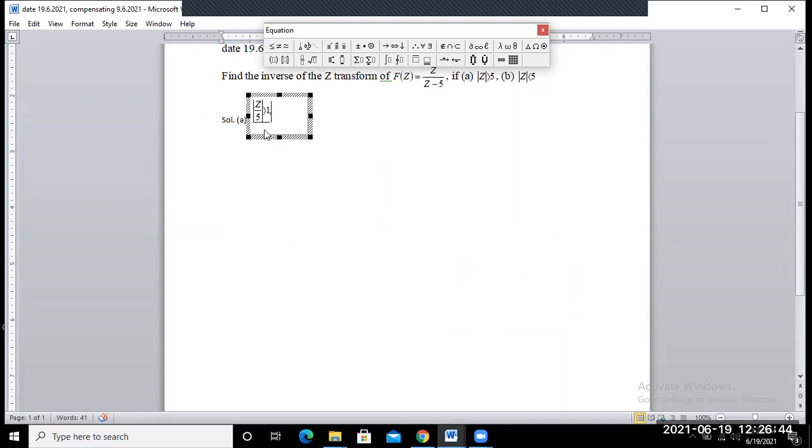Okay, sorry, magnitude of 5 by z is less than 1.